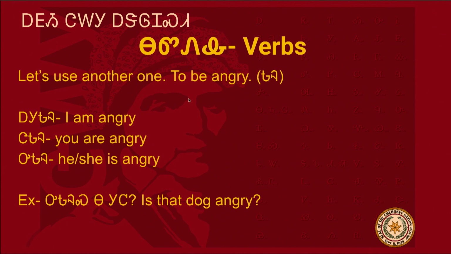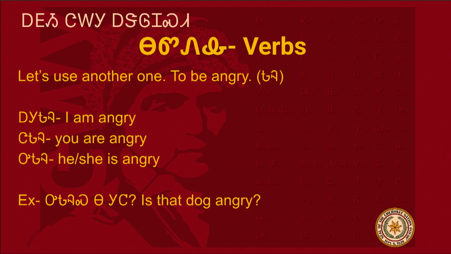I'm angry, okay? If you want to say you are angry, we would take the you prefix, which is ja, jahnala, okay? Or you could say he or she is angry, uhnala. So agi, ja, and u.